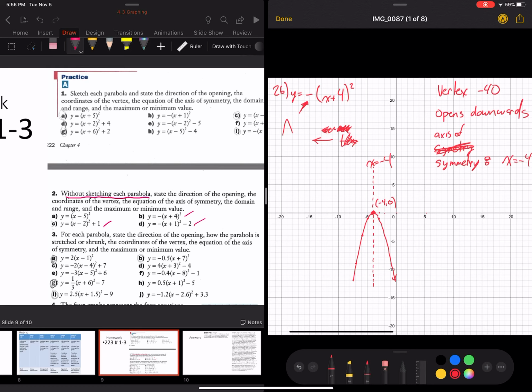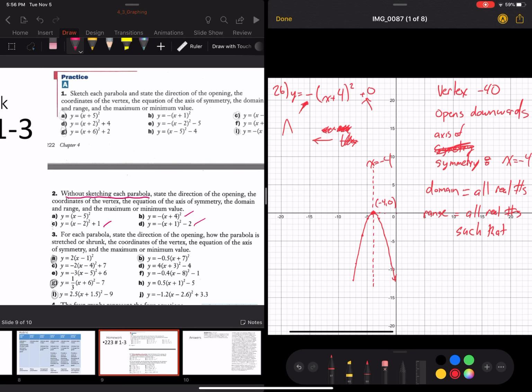What else does it ask us for? The domain. Domain for all quadratic equations equals all real numbers. Range equals all real numbers such that, and we get it from this value right here, plus 0, right?